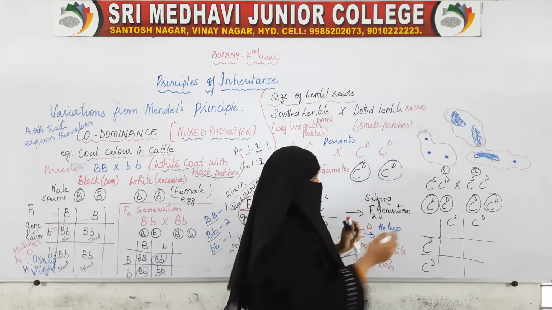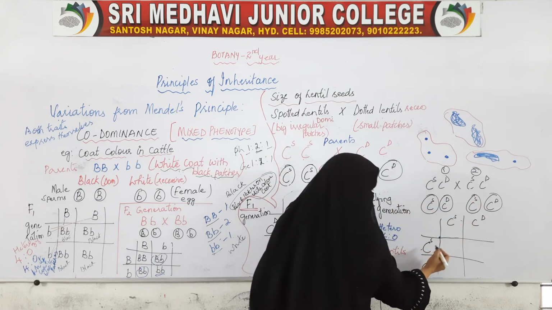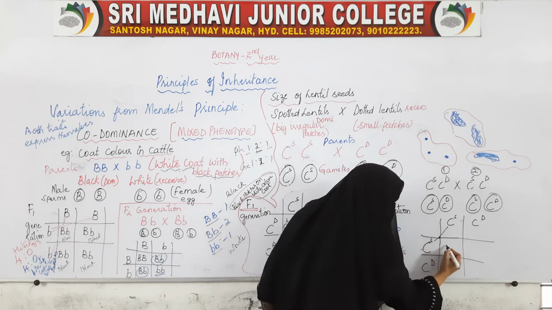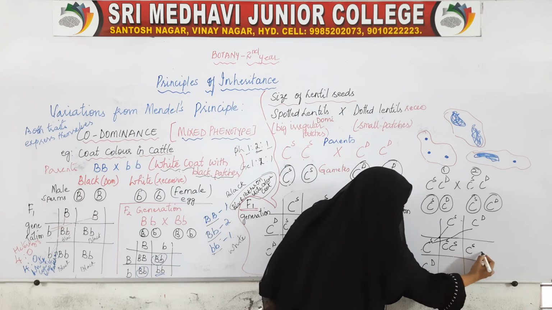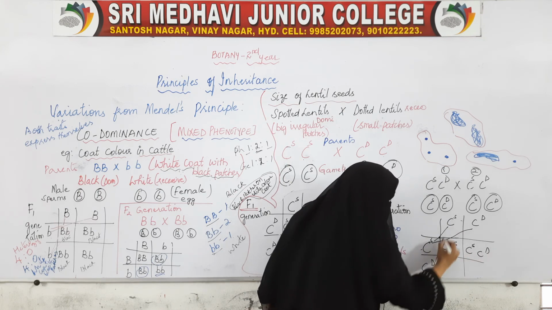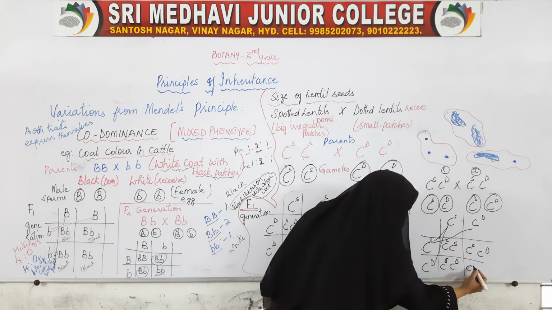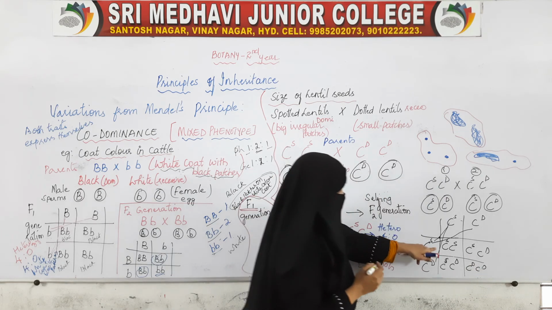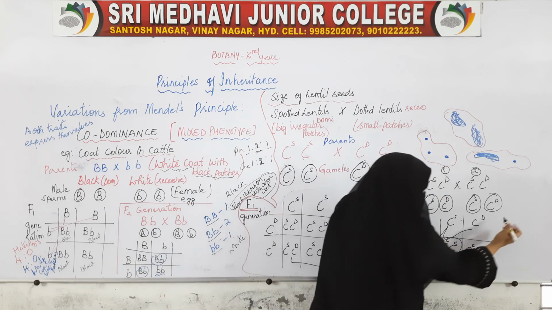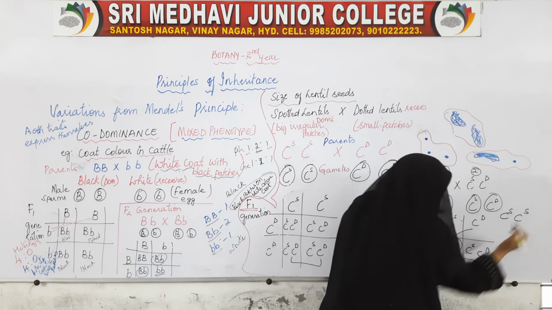Put the gametes here. What we get is CS, CS; CS, CD; CS, CD; and CD, CD. So one is CS CS.